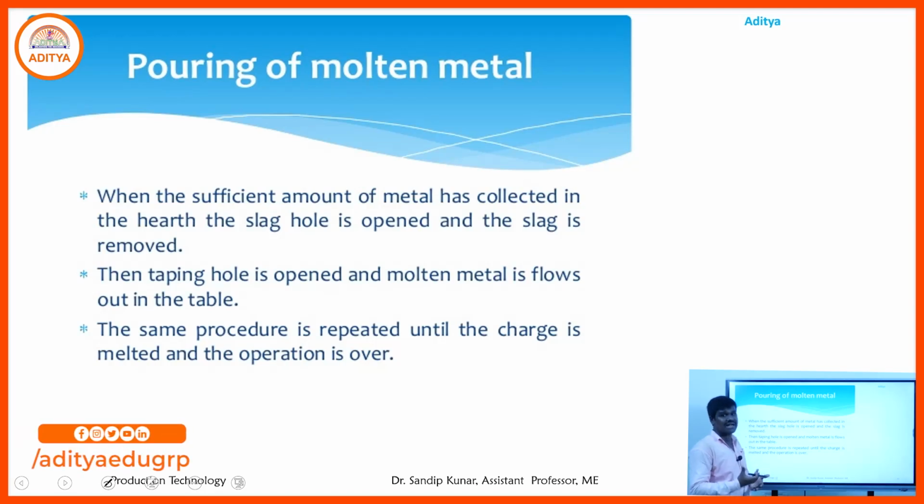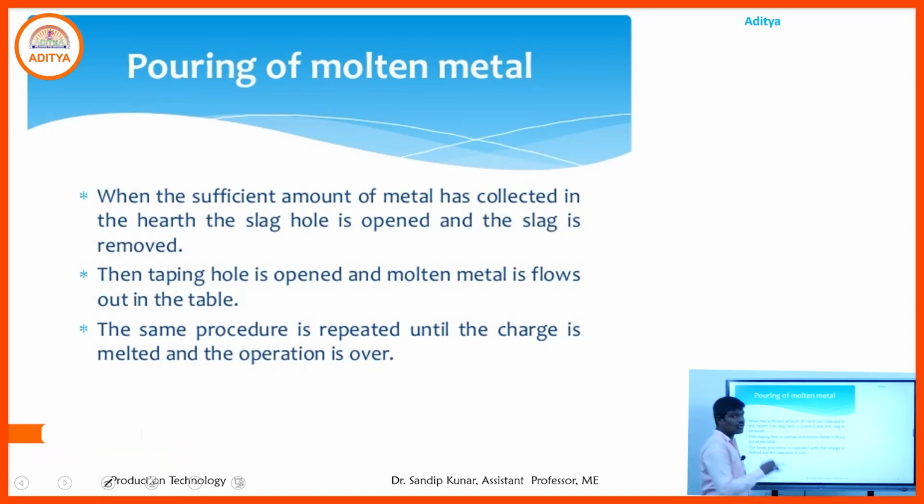That slag material will be removed through the slag hole from the cupola furnace. Then the tapping hole will be opened and molten metal flows through it and is collected in the ladle. Then the molten metal will be used for some other purpose. It will be taken from the ladle.